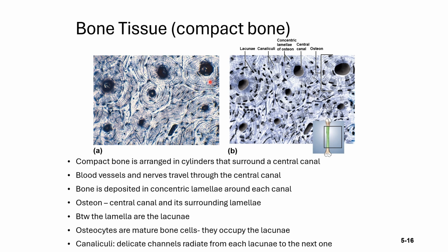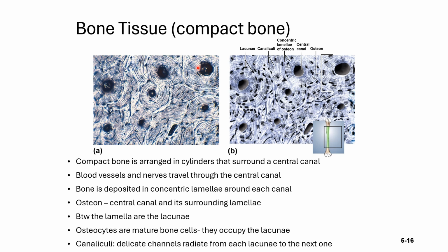So bone is produced by osteoblasts. The osteoblast produces the bone matrix, and they get entrapped in the matrix after they produce the matrix around them.